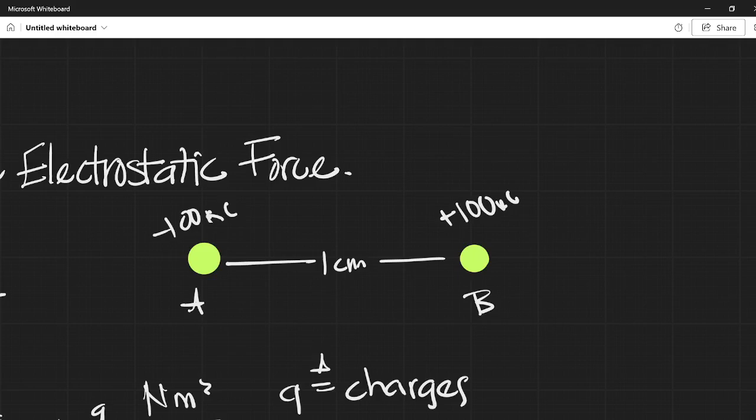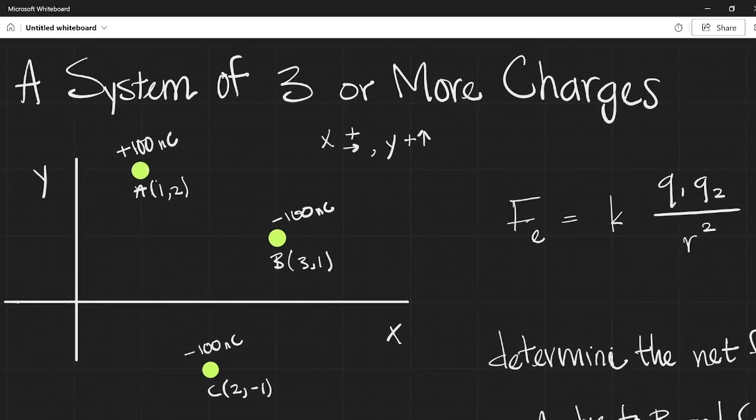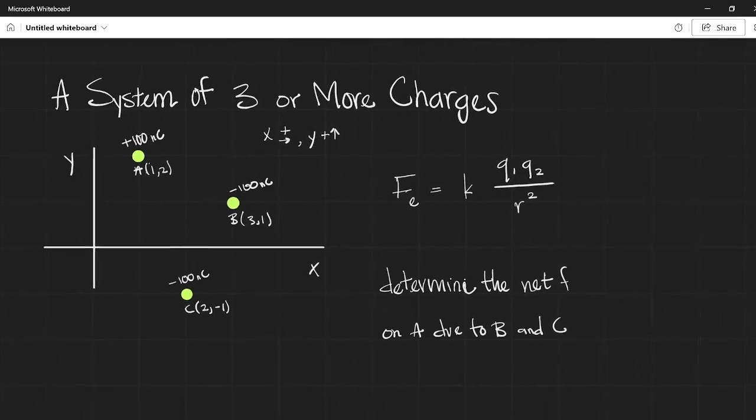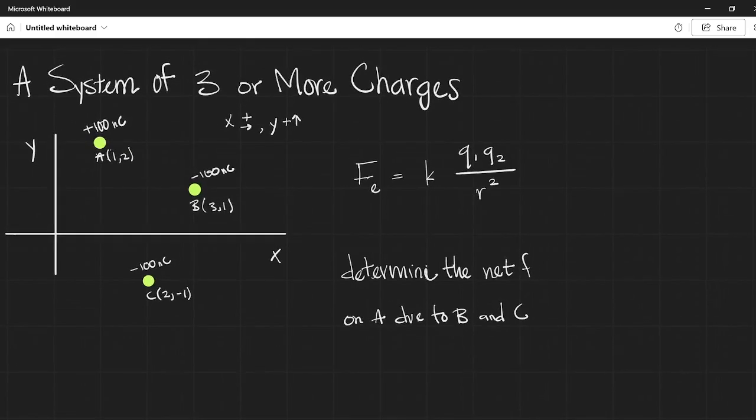Okay, so with that review out of the way, we're now going to hop into the topic of today's video, which is going to be analyzing a system of 3 or more charges. And here I've just drawn a system of 3 charges. Just take a moment to look at this.